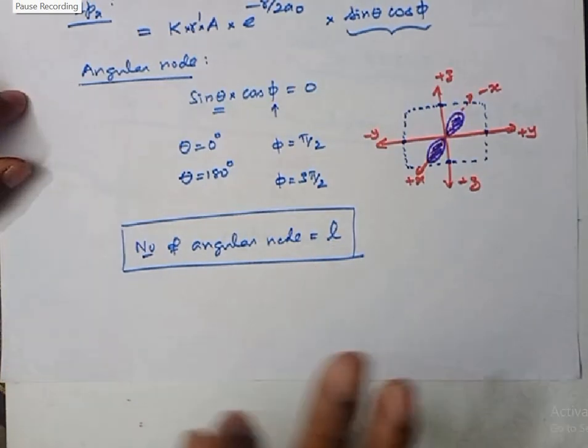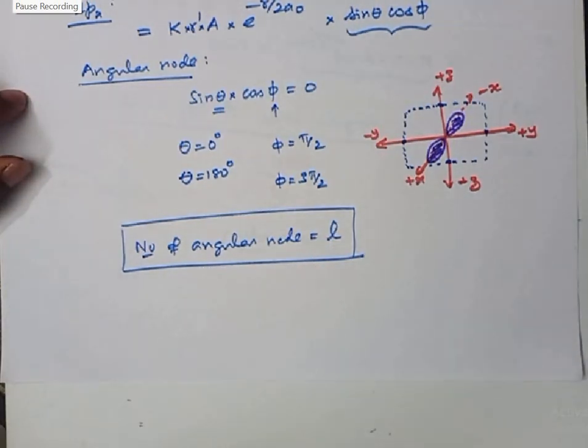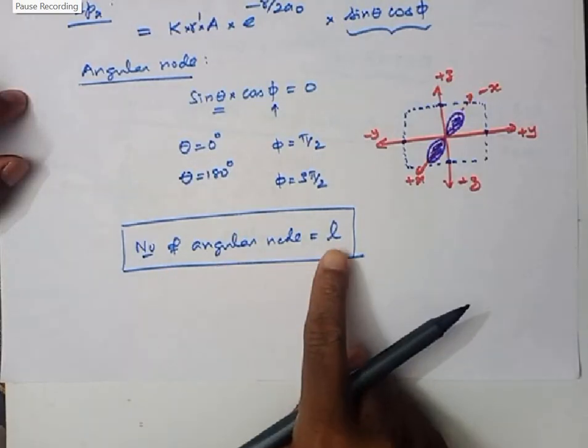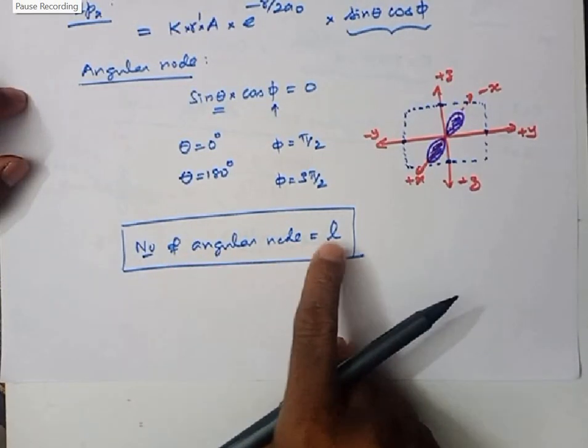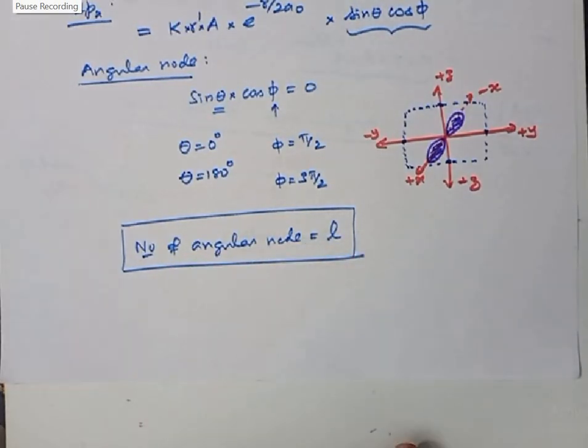For any p orbital, not only 2px, 2py, 2pz but even 3px, 3py, 3pz, 4px, 4py, 4pz, the L value is 1. So the number of angular nodes is 1. You will get one nodal plane. That's the meaning.